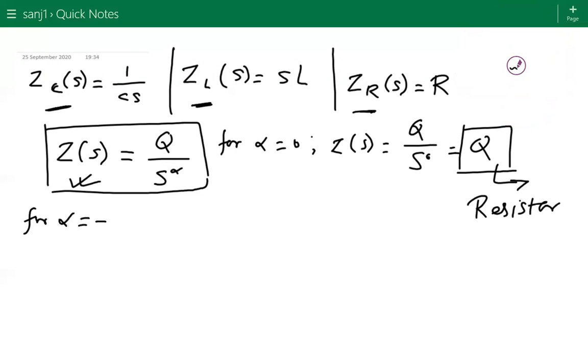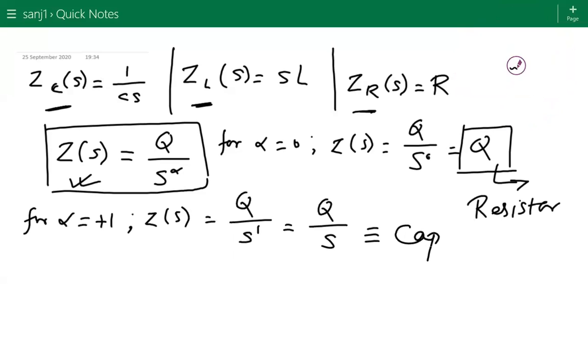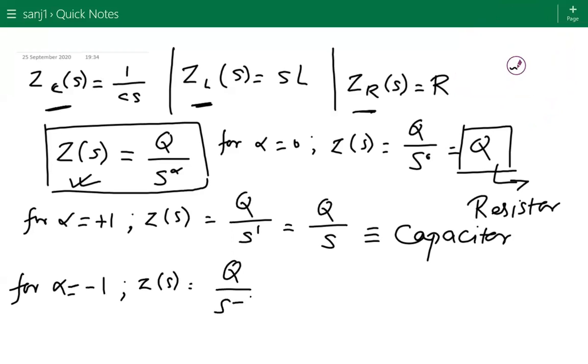Now for alpha equal to plus 1, Z(s) will be q upon s to the power 1. This will be given by q upon s. This takes the form of a pure capacitor. Similarly, for alpha equal to minus 1, Z(s) will be q upon s to the power minus 1.